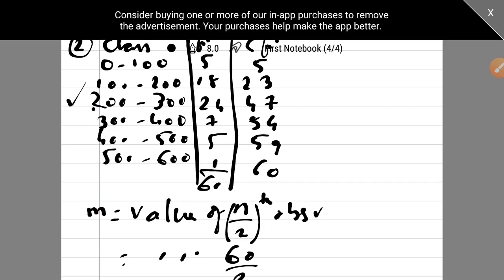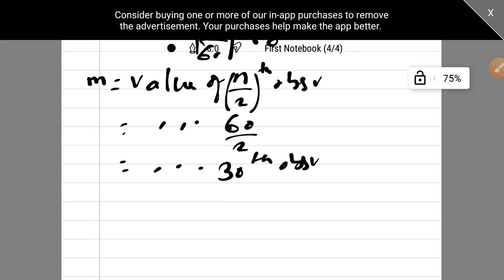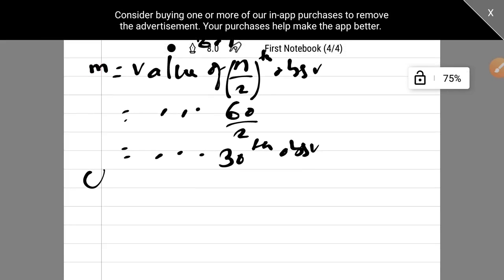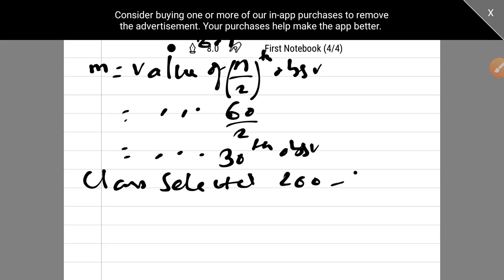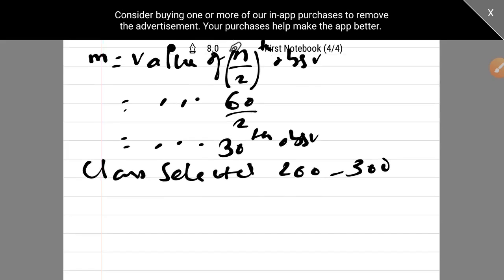Now this is lower boundary 200. Let's write the formula. So you will write here class selected is 200 to 300, so that we can remember which class was selected.